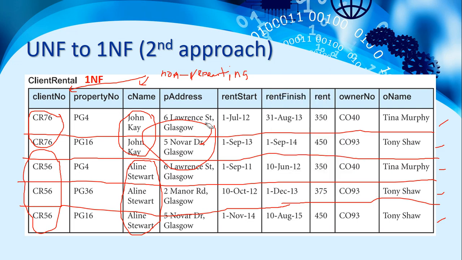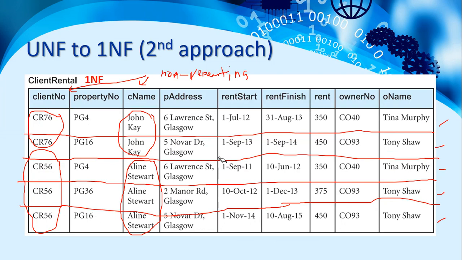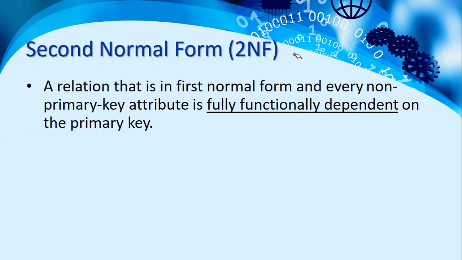But again, pwedeng exercise na lang nyo. You try it yourself, no? Kung gagamitin nyo yung first approach. But for this example, I'll be using this single table. I will test if this table na 1NF is pwede na ba siya for second normal form, no? So again, let's proceed na.